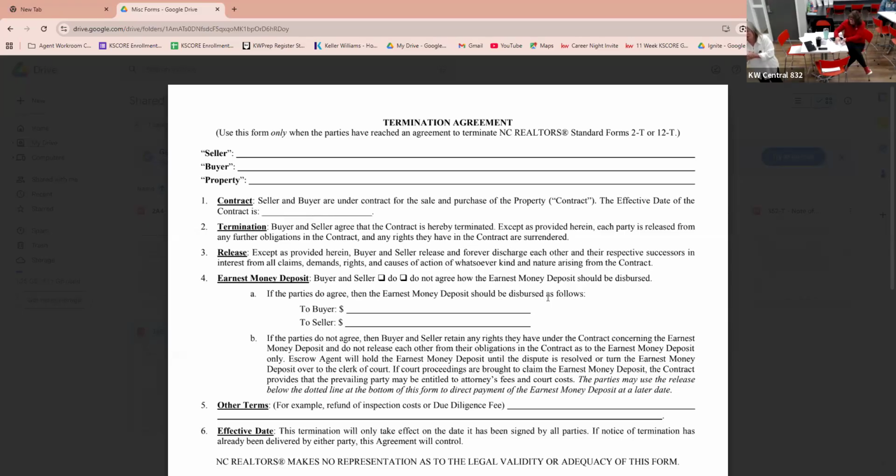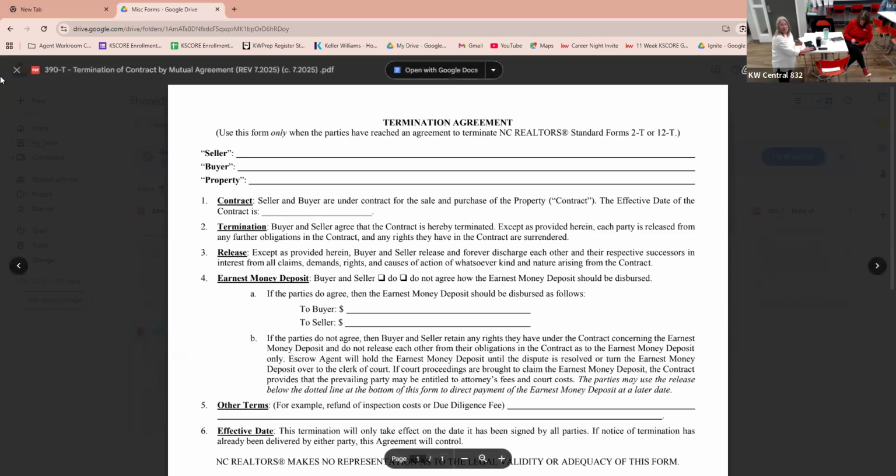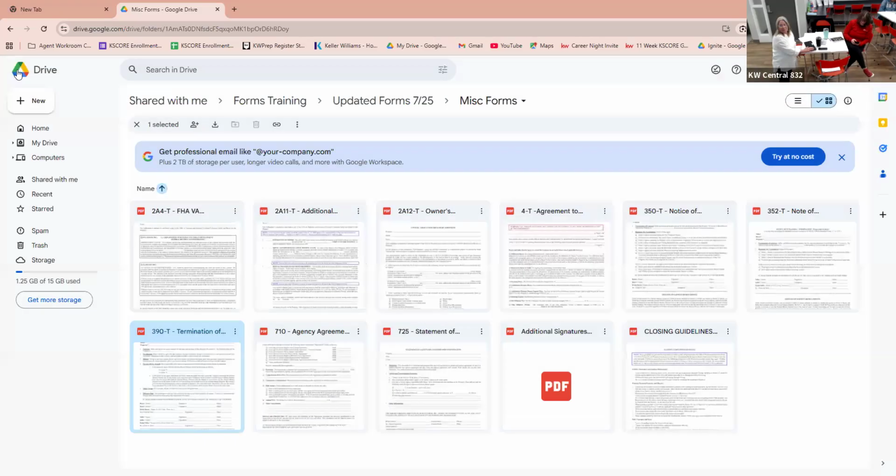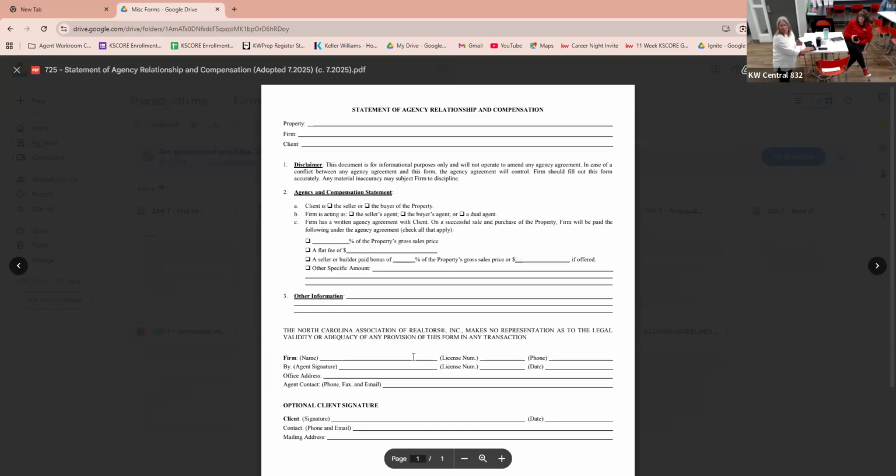We had a seller that ended up having to give back due diligence because the sneaky agent wrote it in here and our agent didn't read the entire form. So, yeah. Okay. Sneaky agent.